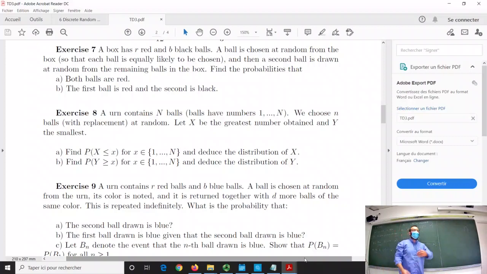In fact, if you have different numbers, you can say that the maximum is less than small x if and only if they are all less than small x.